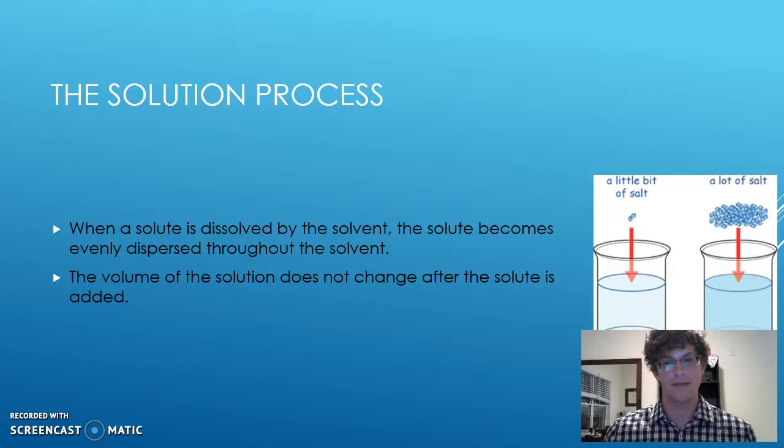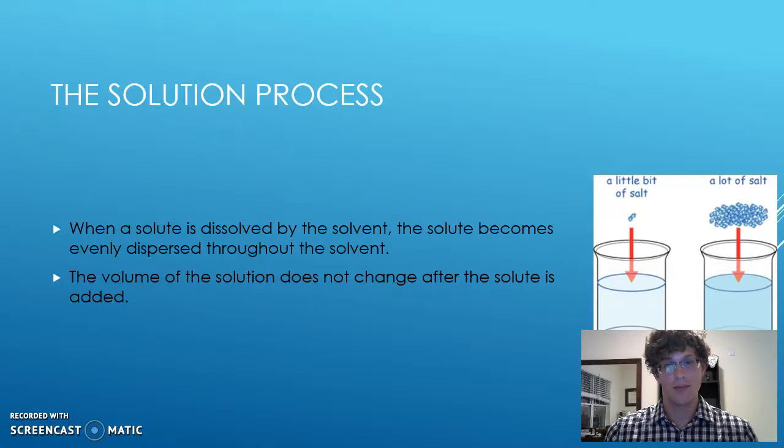So let's define what a mole is. A mole is a certain amount of molecules or atoms, entities, that exist within a certain mass of substance. Avogadro's number tells us that there are 6.02 times 10 to the 23rd molecules in 1 mole.